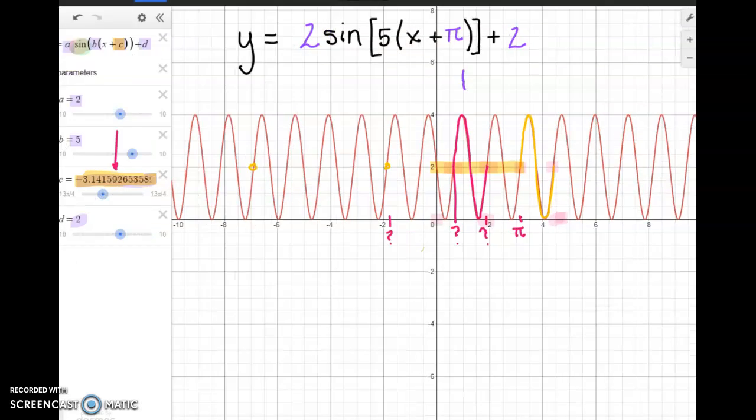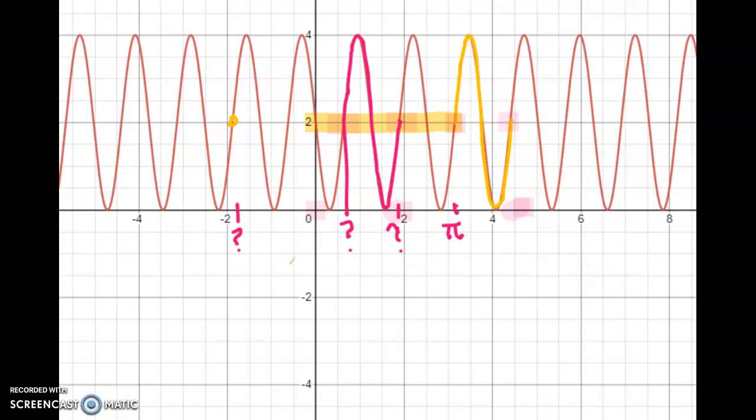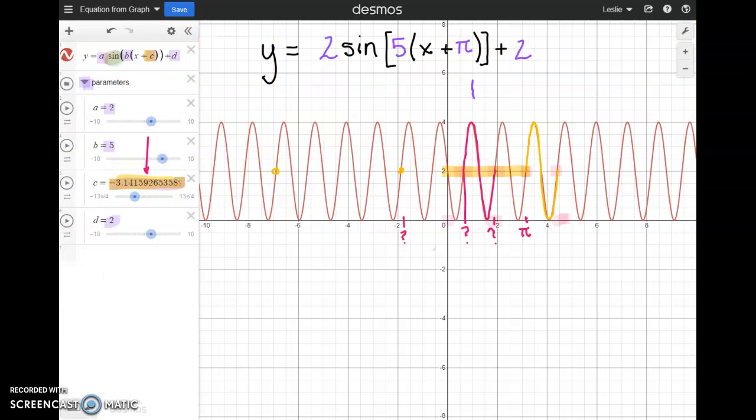So that's unlikely to be pi over 2. And there you have it. I have found my A, B, C, and D values just by looking at the graph.